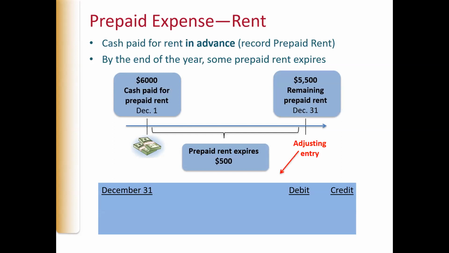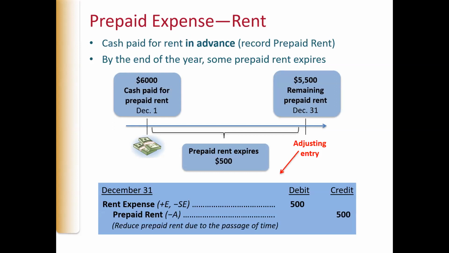So this is an example of an adjusting journal entry we will need to prepare that shows our rent expense, and we reduce our asset. We credit our prepaid rent by $500 because it's no longer an asset. We've used up 1/12 of that rent.